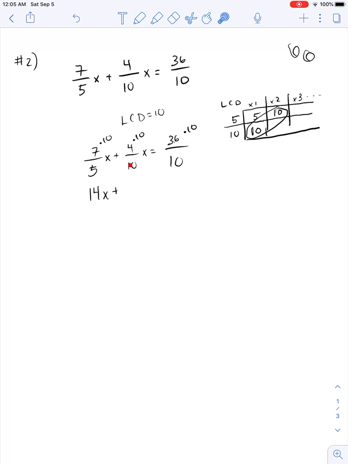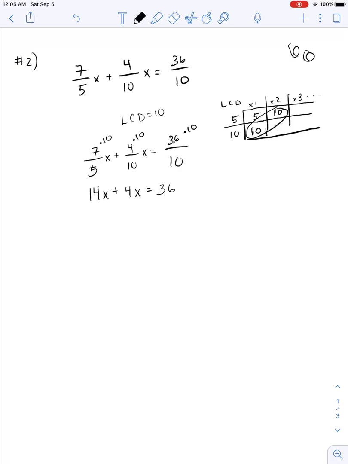We divide it by 10, and that gives us a 4x. And then one more time, 36 times 10 is 360. You divide it by 10, it gives you 36.